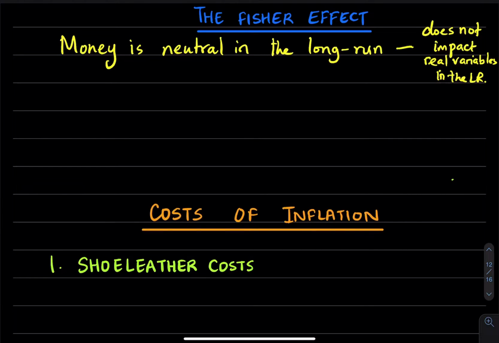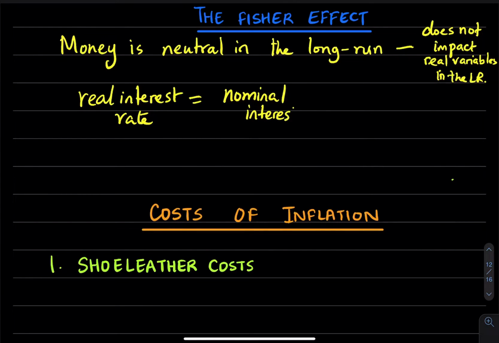Now we also know, from the previous chapter, that the real interest rate is just the nominal interest rate corrected for inflation. So you subtract off inflation from the nominal interest rate and you get the real interest rate.